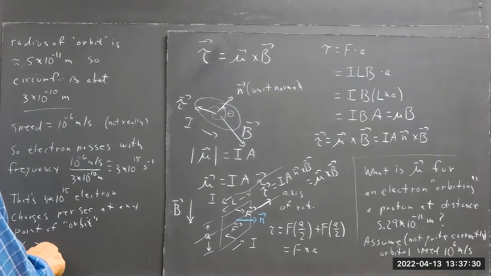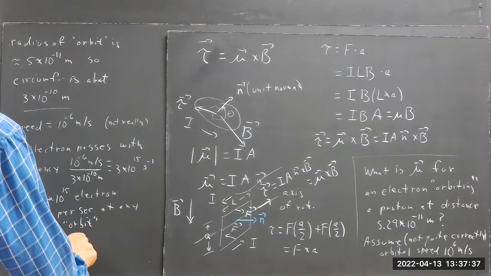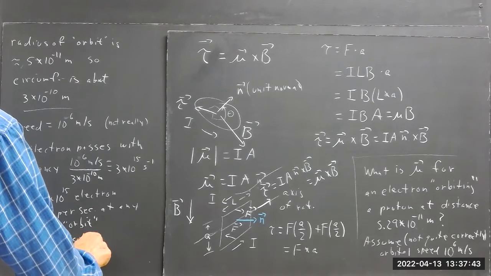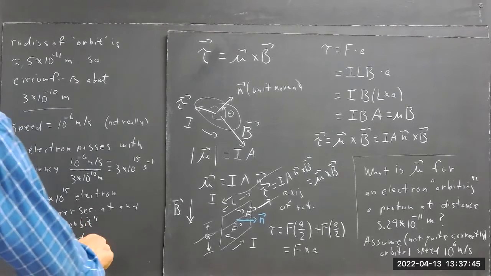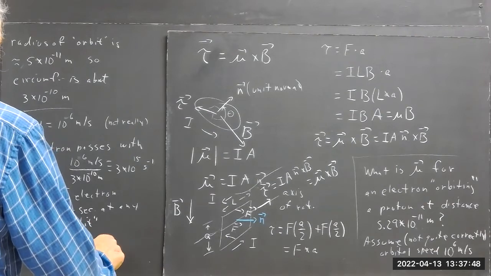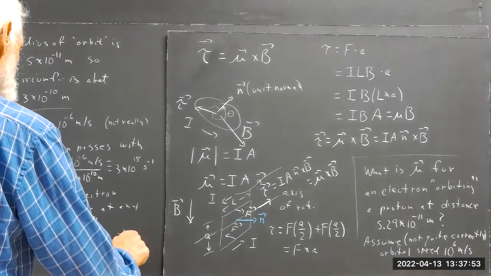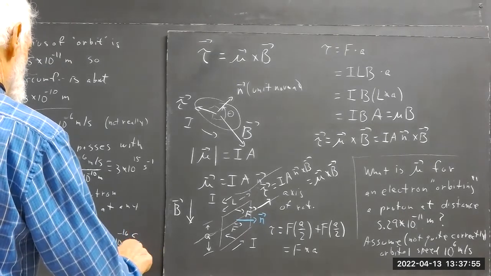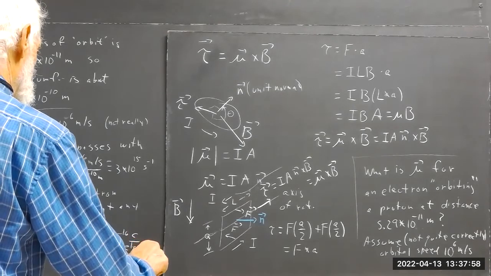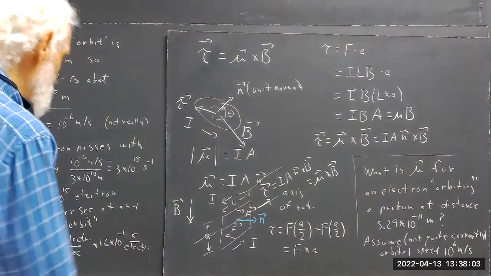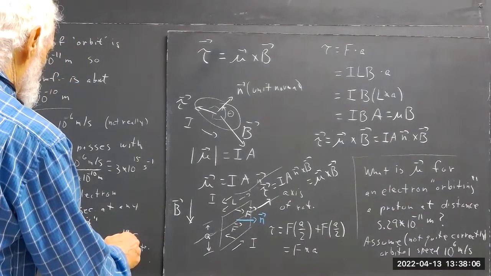Or three times 10 to the 15th electrons per second times coulombs per electron, 1.6 times 10 to the negative 19th. I've got a muscle memory for having written numbers.